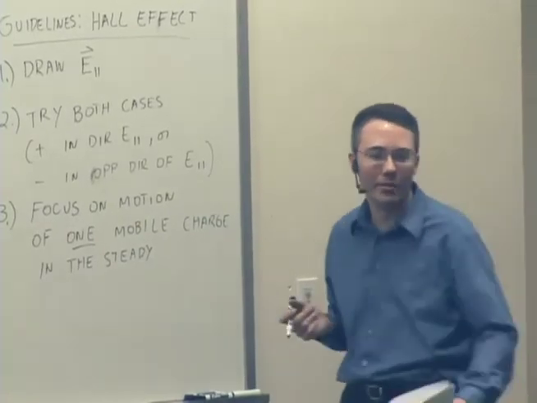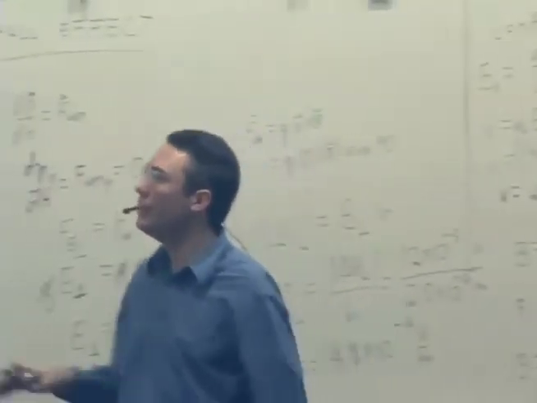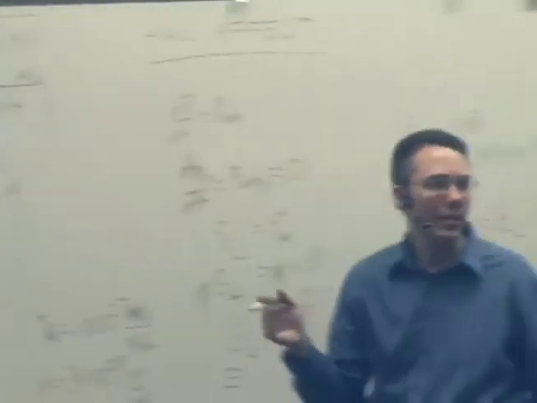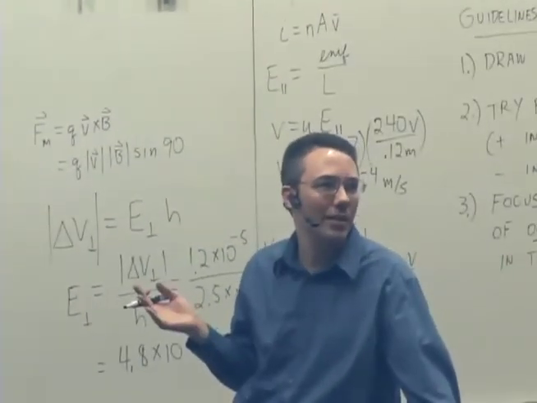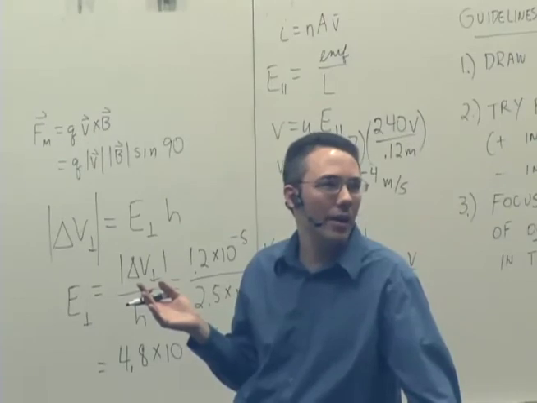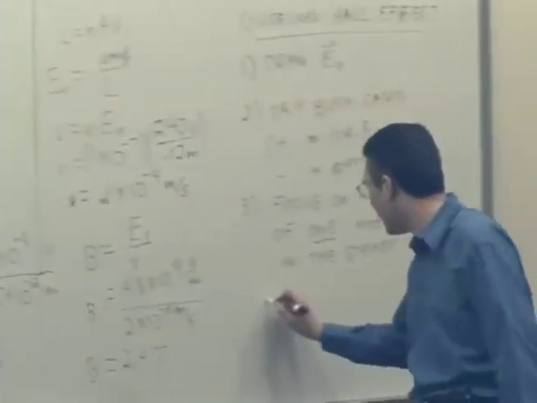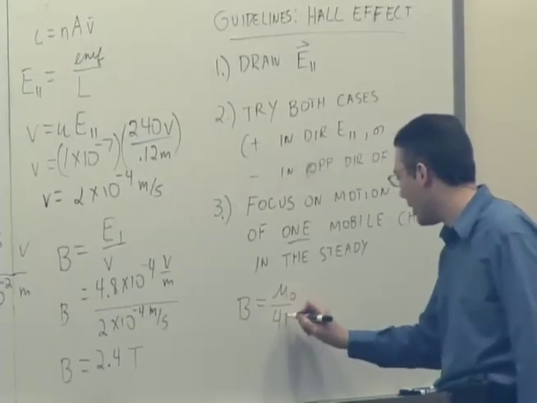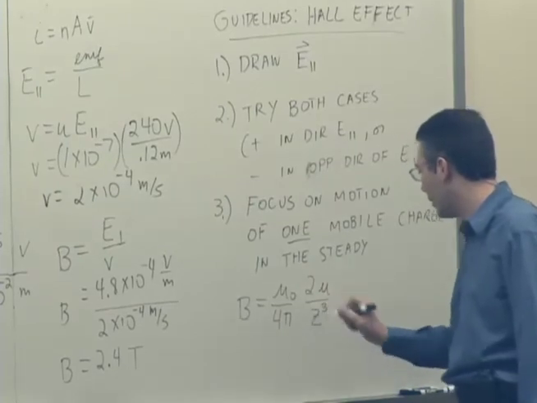Anybody remember the formula for the magnetic field due to a magnetic dipole? What's the distance dependence? R squared, R cubed? It's this 1 over R cubed dependence. Remember this? B is equal to mu naught over 4 pi times 2 mu over the distance cubed.